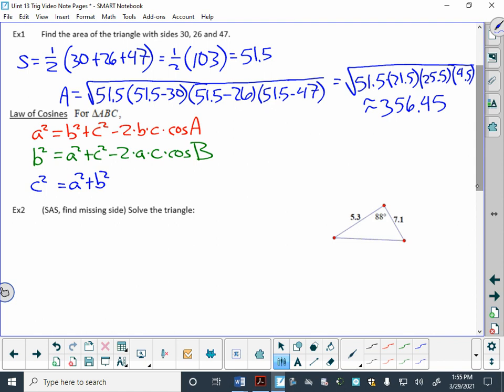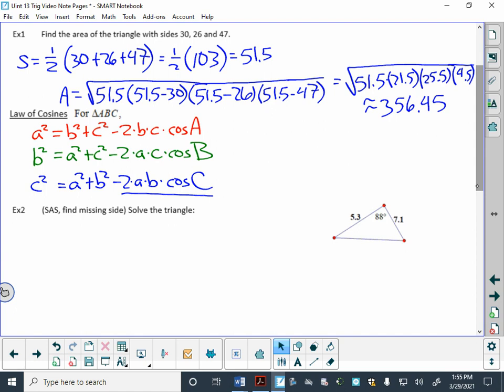Looks very Pythagorean theorem at that point, but it's not a right triangle, so there have to be some adjustments for it not being a right triangle, and that's what this minus 2ab times the cosine of C is. Remember, this is all multiplied together here at the end, so that's one piece. There's kind of three terms, three pieces on the right-hand side. All right, so you can choose to memorize one of these forms and then just relabel your triangles to match however you want.